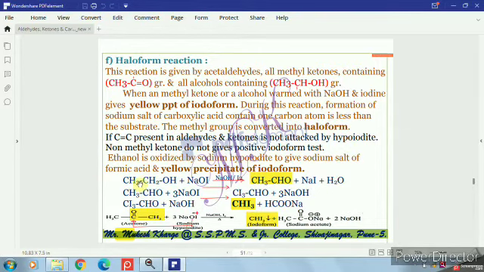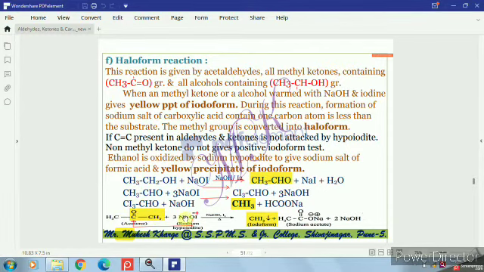So here I have taken an alcohol which can be converted into the CH3CO group, or you can take a compound which already contains the CH3CO group, such as acetaldehyde or acetone. So let us see the reaction with acetone.